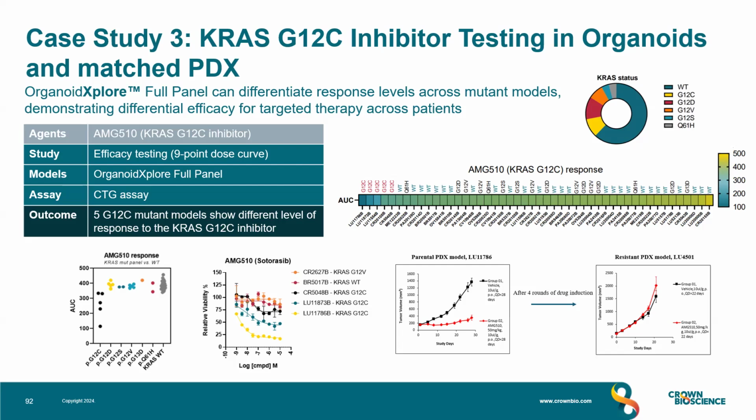So the KRAS mutations are quite diverse in the panel, as shown in the heat map, and the AMG 510 response can be seen in the G12C models, which is expected, although there is still a variation in that response as well.